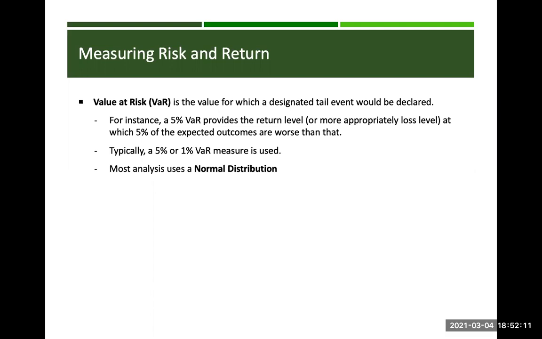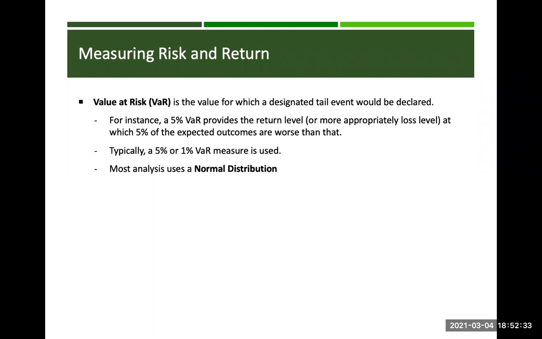Our 5% worst outcomes that we should expect on a daily basis are losses in excess of 50 million for a day. That's what this measure is.